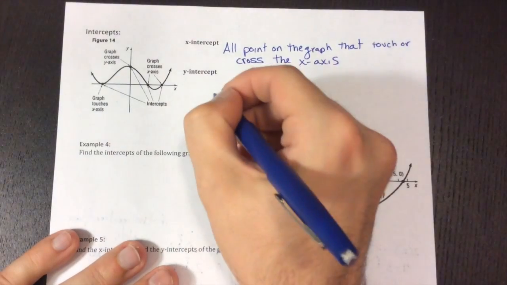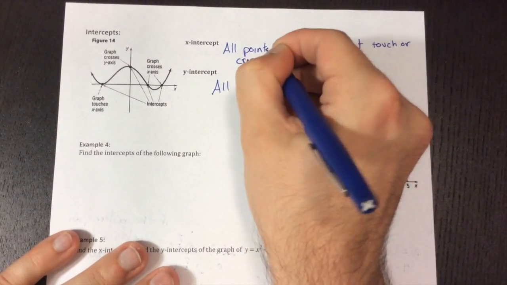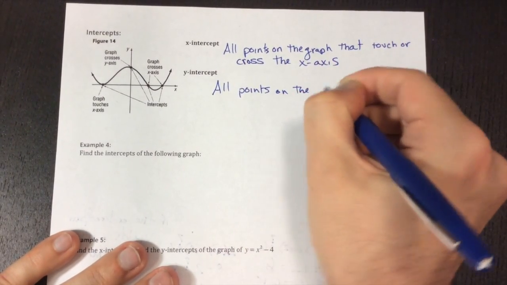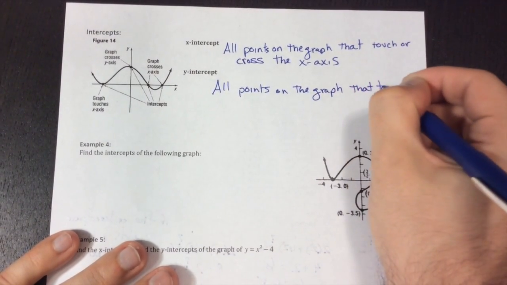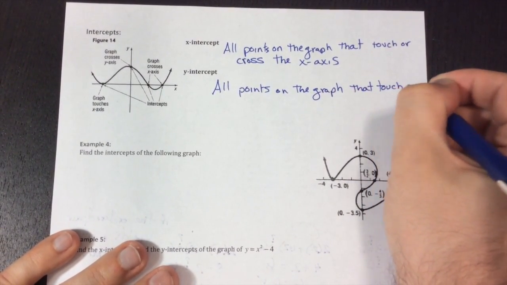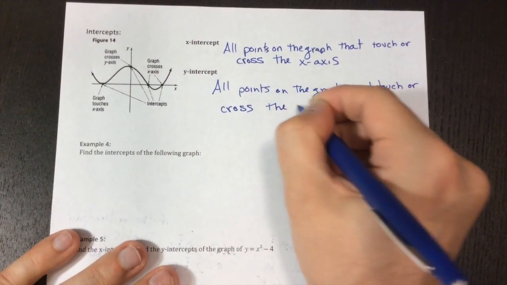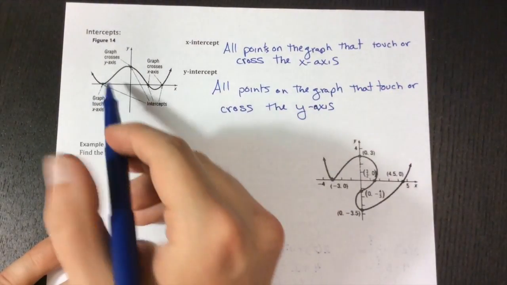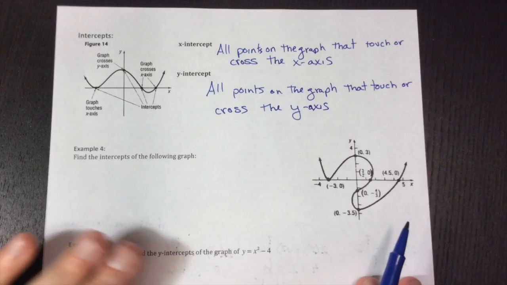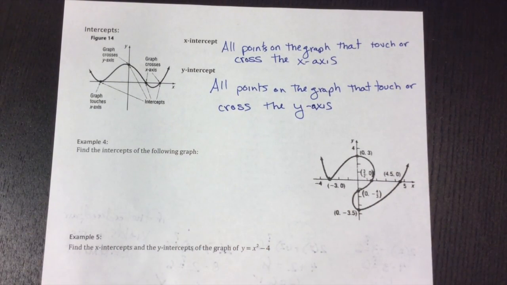Likewise, if we have y-intercepts, those are all points on the graph that touch or cross the y-axis. So it seems like a basic idea. If it intercepts, it crosses or touches one of our axes. Other than that, those are the only times you'll ever get an intercept.